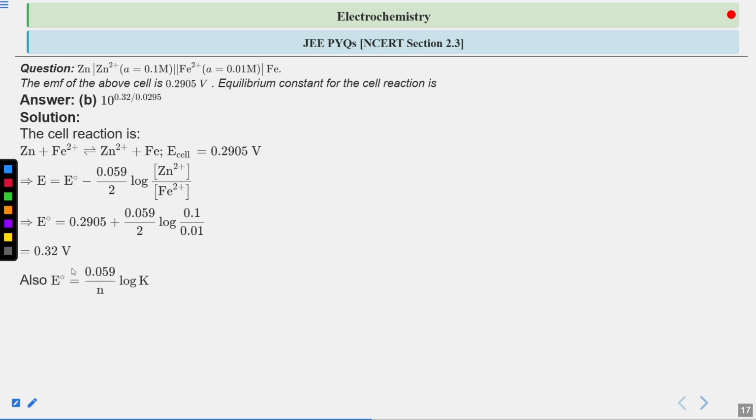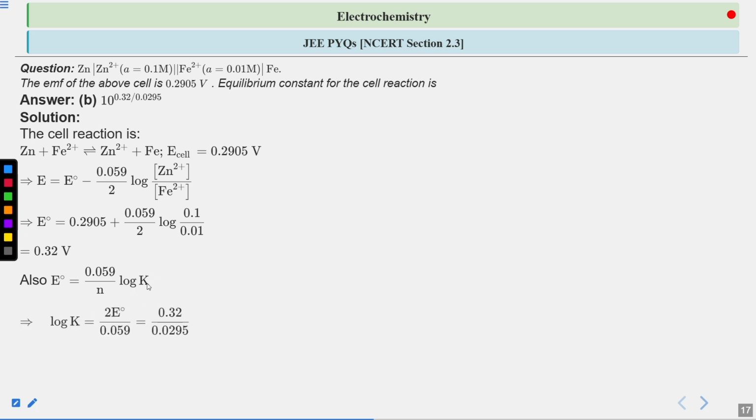We also know that E naught equals 0.059 by n log K at equilibrium. So we have to find the equilibrium constant. When you consider the equilibrium condition, the E will become 0 for the reaction, right? And the E naught will then equal 0.059 by n log of K, the log of the equilibrium constant.